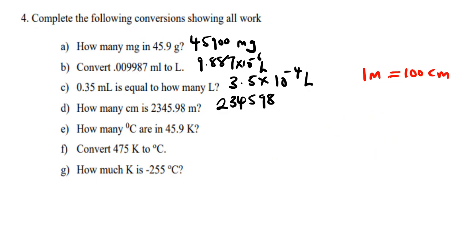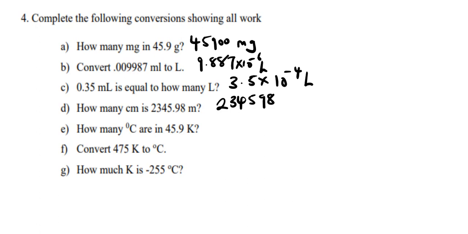Now when we solve E, how many degrees Celsius are in 45.9 Kelvin? Now we're converting these kelvins to degrees Celsius. And what is the conversion?